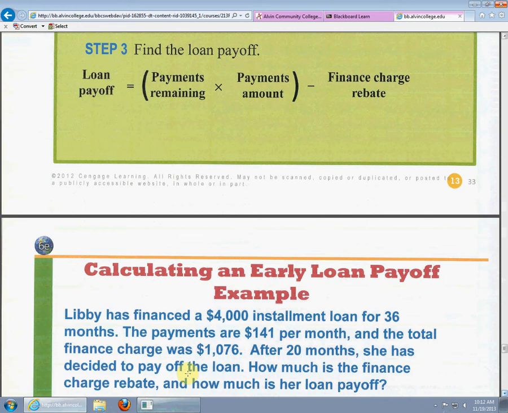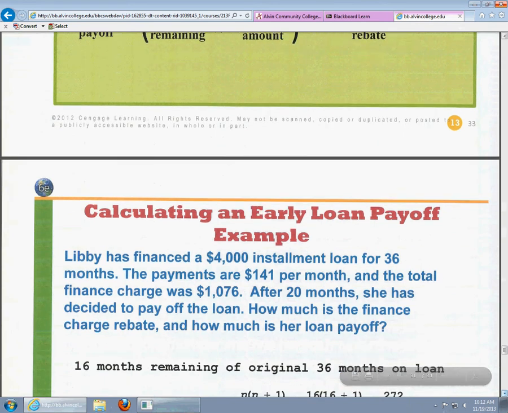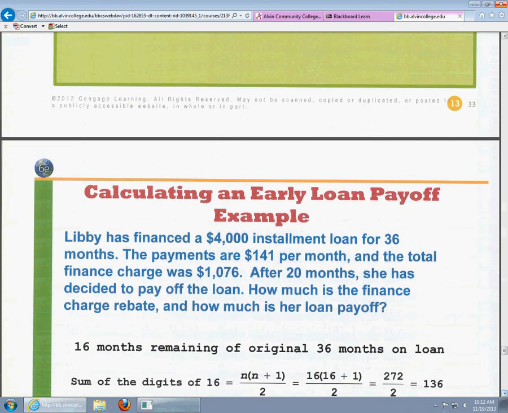Okay, so we're going to go back. The first thing we need to do is find out the remaining months and the total number of months of the loan. That's given to us: 16 months remaining, and the original 36 months on the loan. Then we can go to step 1, using the formula.